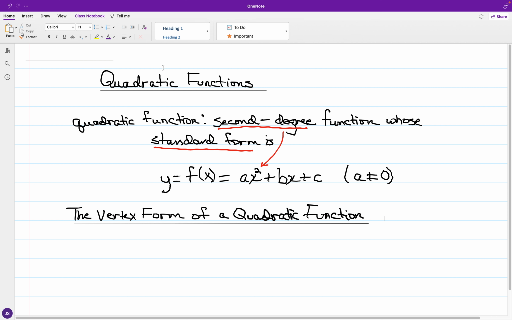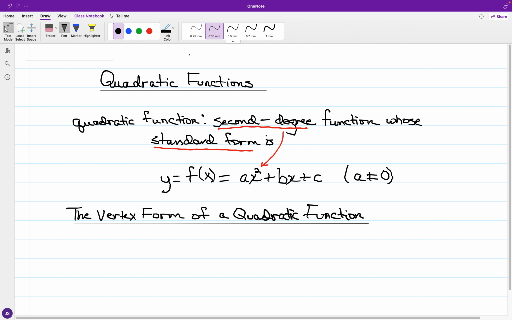For the vertex form of a quadratic function, we're going to have that y is equal to f of x is equal to, this time still the same letter a, and instead of x squared plus bx plus c, we're going to have the quantity of x minus h, this difference binomial to the second power, followed by the addition of k.